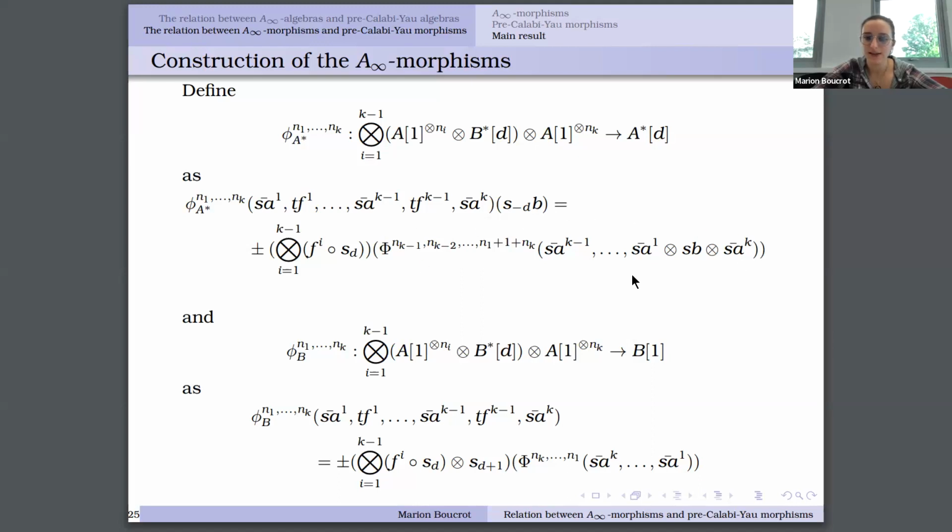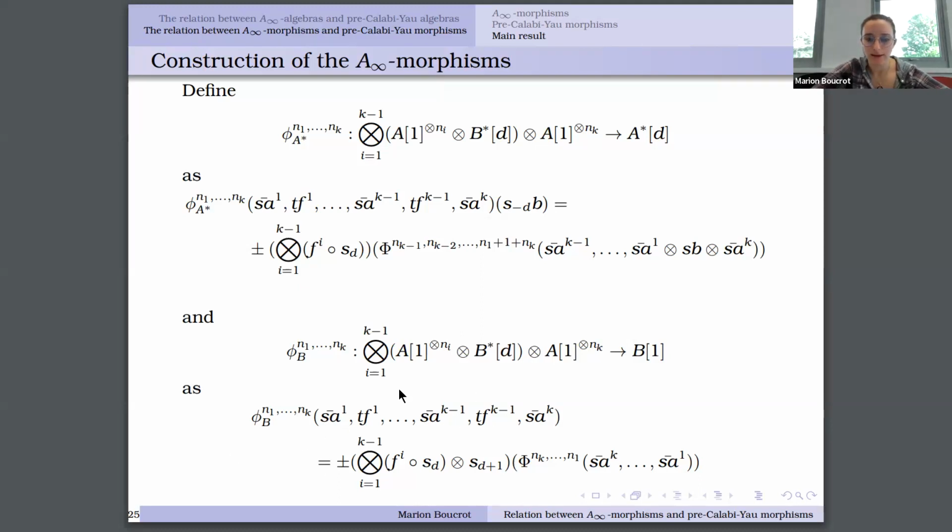So this leads to k minus 1 elements of B shifted by minus D. And applying those maps, we finally have an element of K. I also define maps phi B that go from the same graded vector space as before, and that go to B shifted by 1.